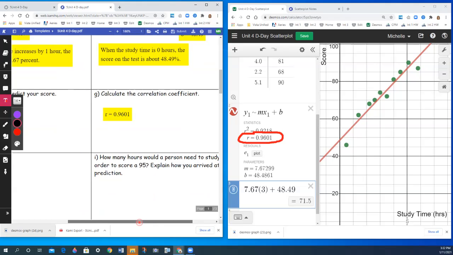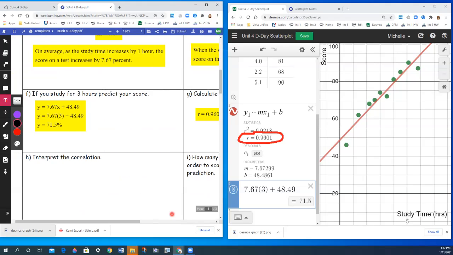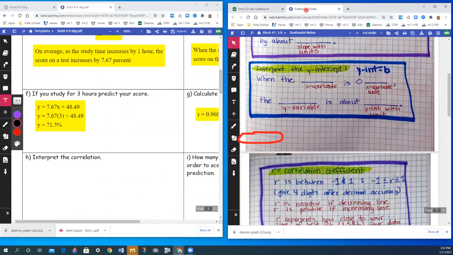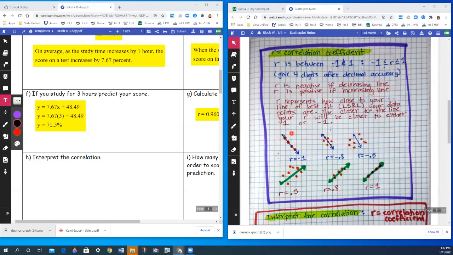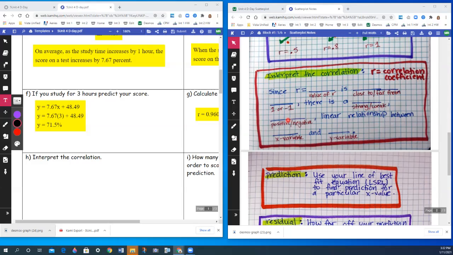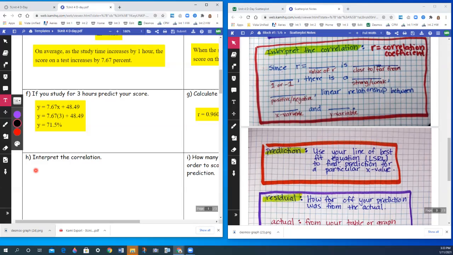The next thing we're going to do is interpret that correlation. Here's our sentence frame.